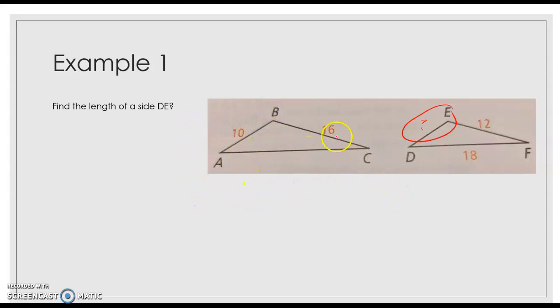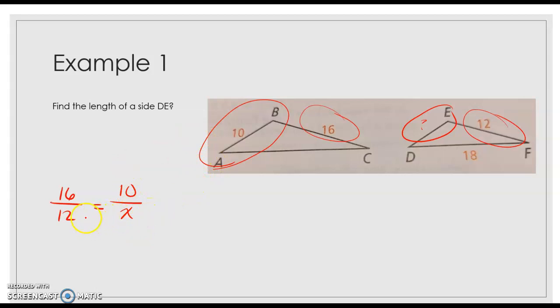So the only one where we're in the same position is BC with EF. And so that's what I'm going to start with. 16 over 12. And that's going to be equal to, now, DE would be in the same position as AB. And so since I did the 16 on top, that means I have to put my 10 on top with my DE unknown on bottom.